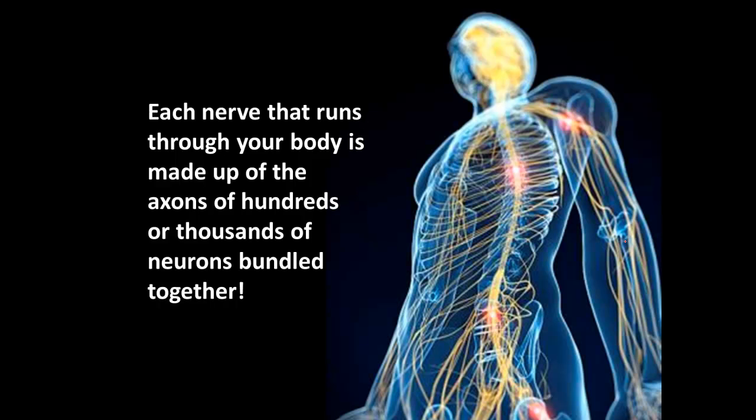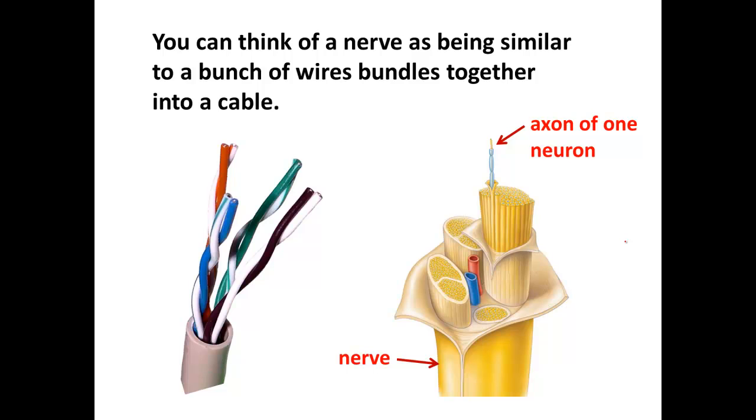If you think about it, each nerve that is running through your body is a big bundle made up of the axons of hundreds or thousands of neurons that are all bundled together. You can think of a nerve as being similar to a bunch of wires that are all bundled together into a cable.